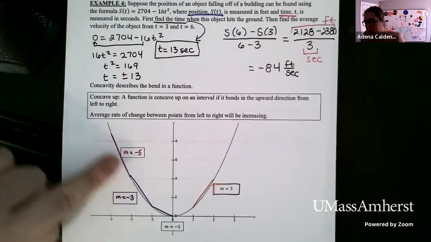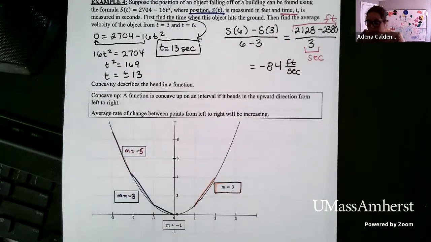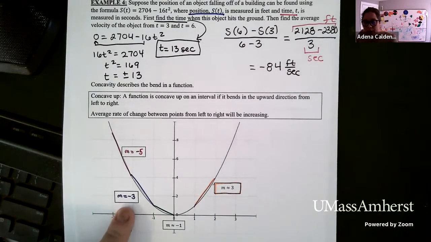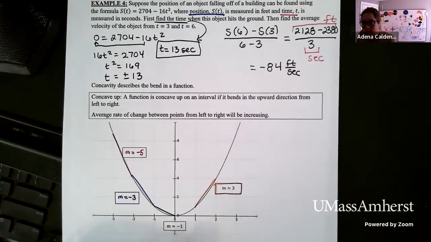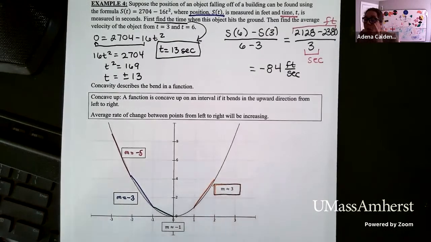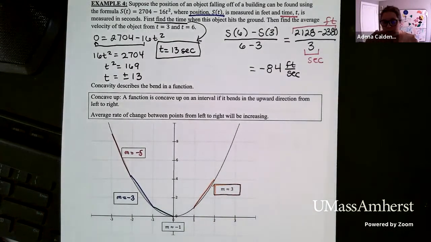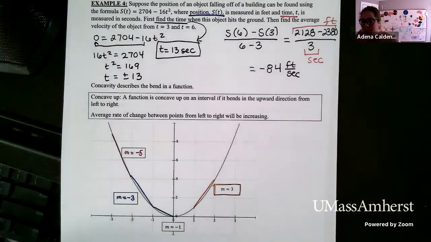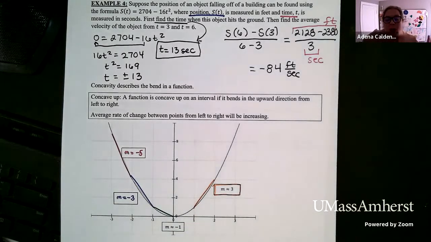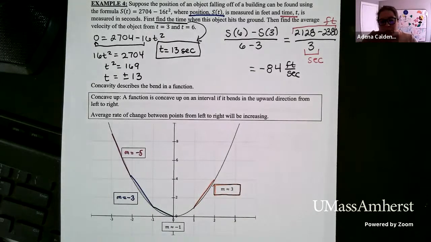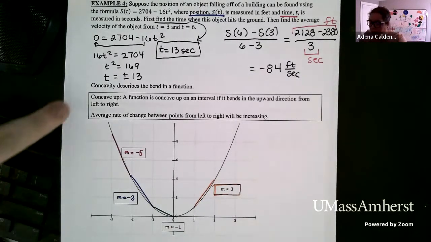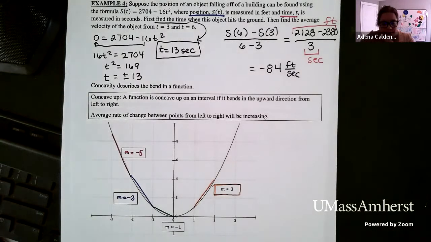So this average rate of change right here is -5. Then I move to the right a little bit and do another one. I get -3, then -1, then +3. Those numbers are increasing, right? They're becoming less negative and then become positive. So if your average rates of change from left to right are increasing, then your graph is concave up.